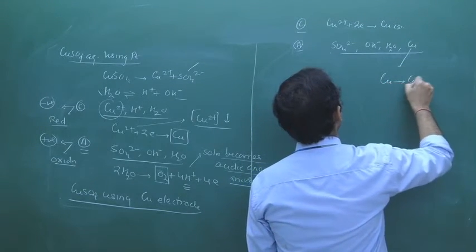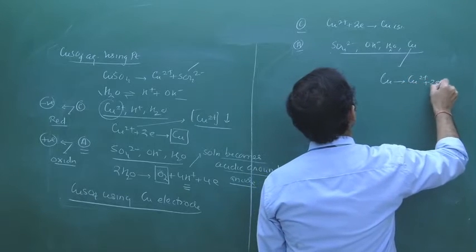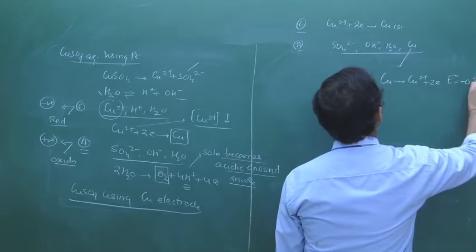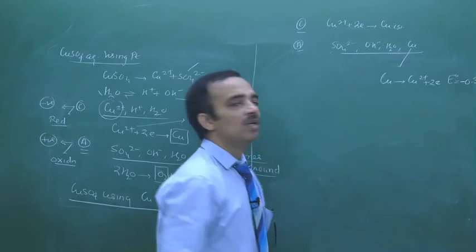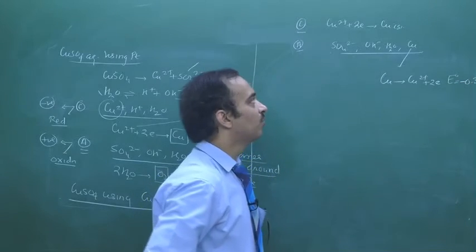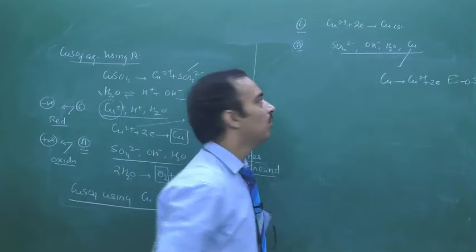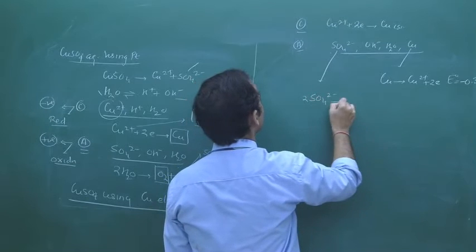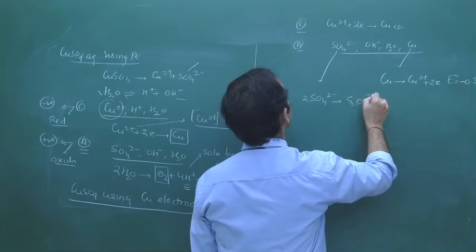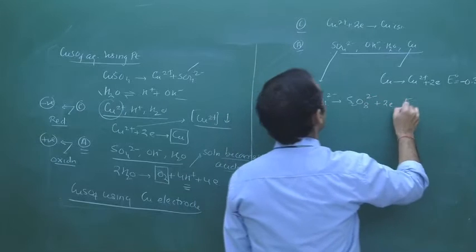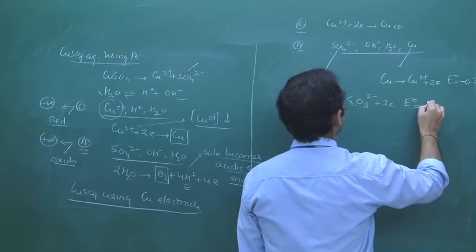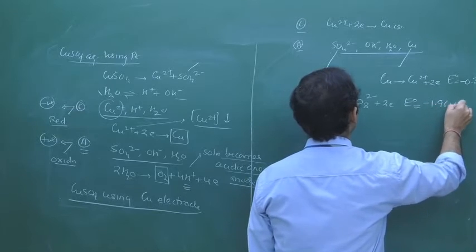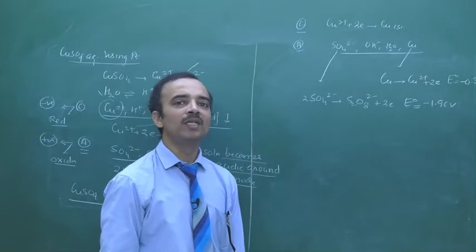Beta, for copper its E0 is minus 0.34 volt. Oxidation potential of copper is minus 0.34 volt. For sulfate, its E0 is minus 1.96 volt.